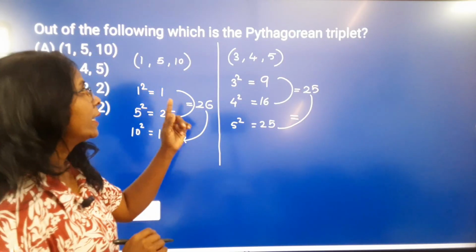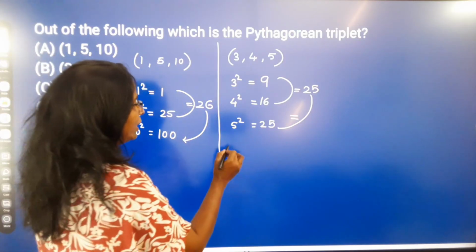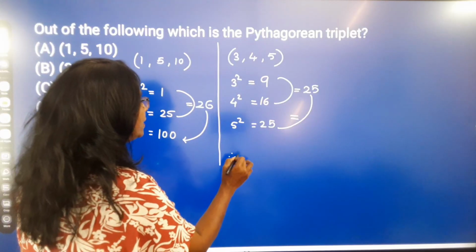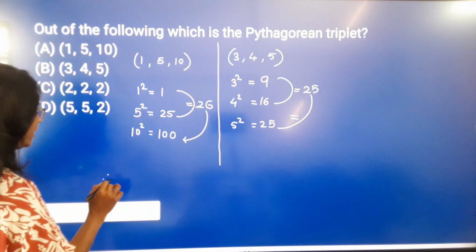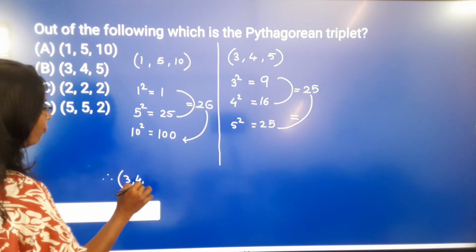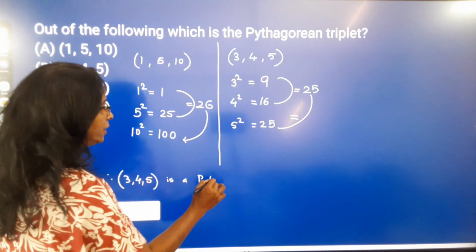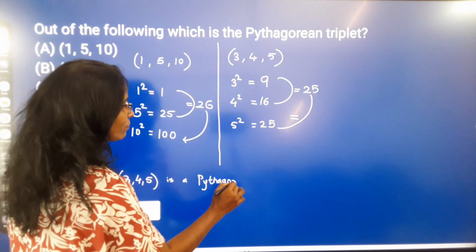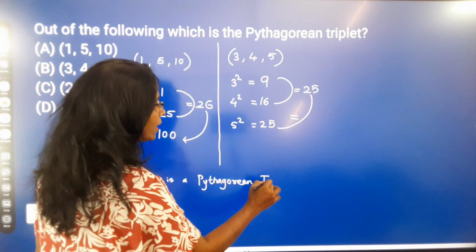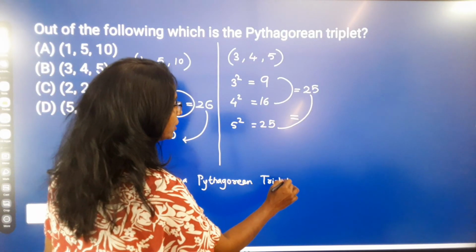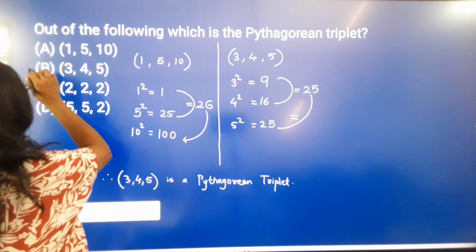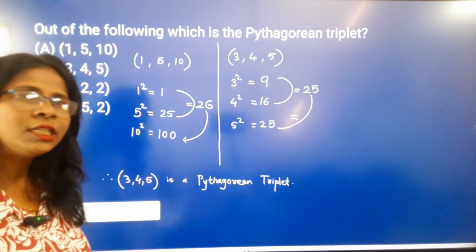That's why it is a Pythagorean triplet. Therefore, 3, 4, 5 is a Pythagorean triplet. So the correct option is B.